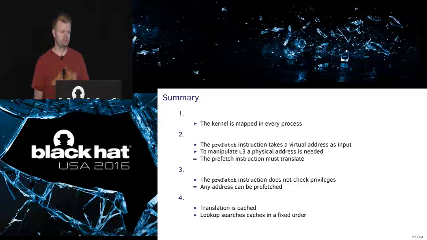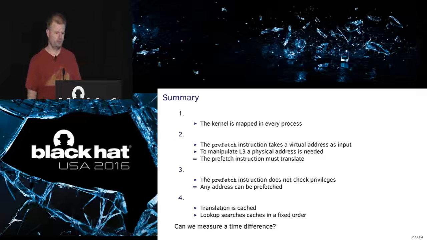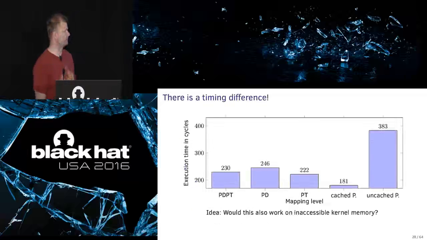This leads to the question: caches are supposed to speed things up. Can we figure out the order where the lookup succeeds or fails by a timing attack? And we can actually measure a difference. When we do that, it looks like this.